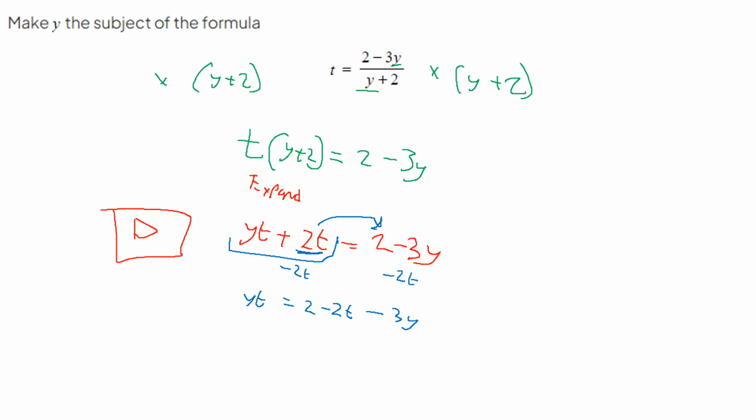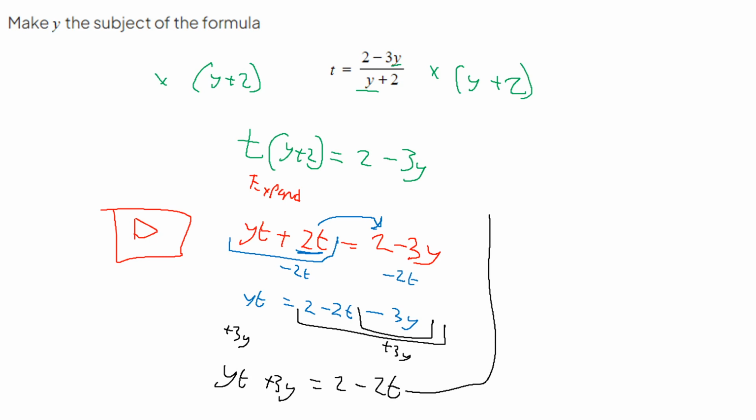And again, let's look at this right-hand side. Which one of these is a y term? It's the minus 3y. So we have to plus 3y. So yt plus 3y is equal to 2 minus 2t.